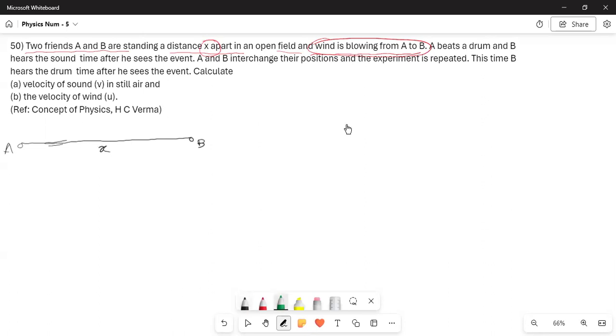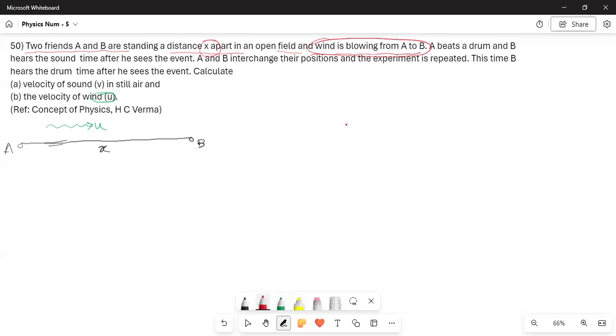And wind is blowing, and it says find the wind velocity. Let us say wind velocity is u.